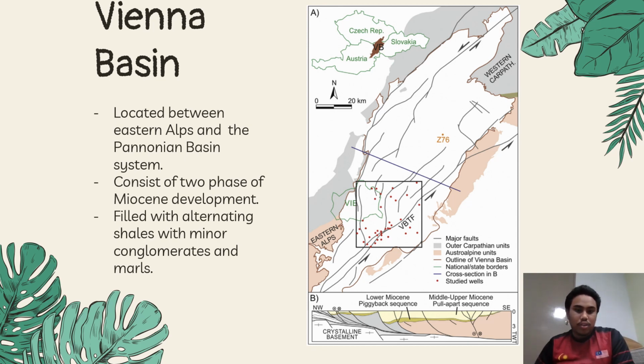The Miocene development consists of two phases: the lower Miocene piggyback system and the middle to upper Miocene pull-apart system. The basin is filled with alternating shales with minor conglomerates and marls.